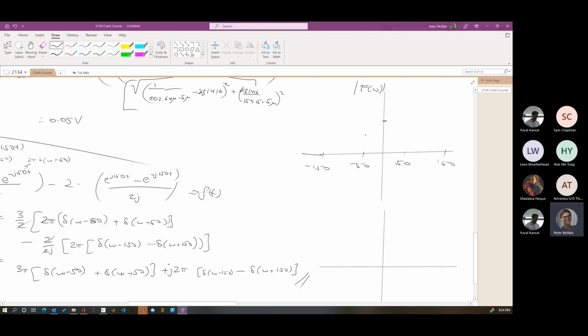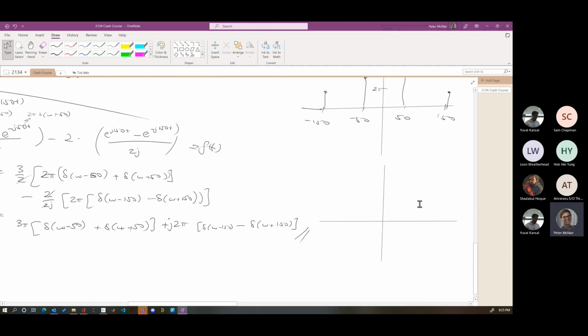The height of the 50 spikes is 3 pi, and the 150 spikes are at 2 pi. So it's good that it's symmetrical. We know that's what happens for our cosines and sines.